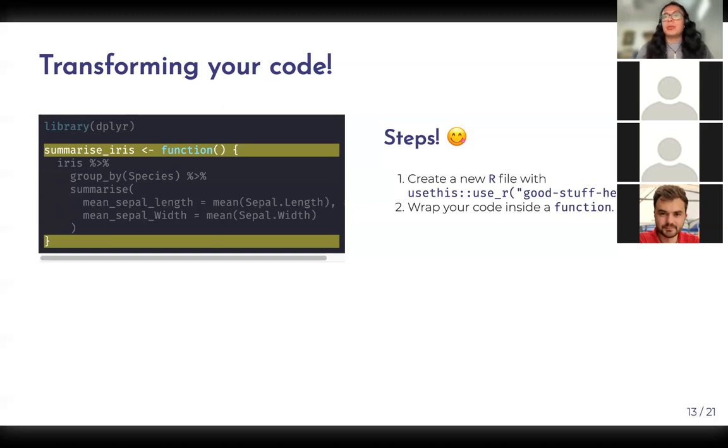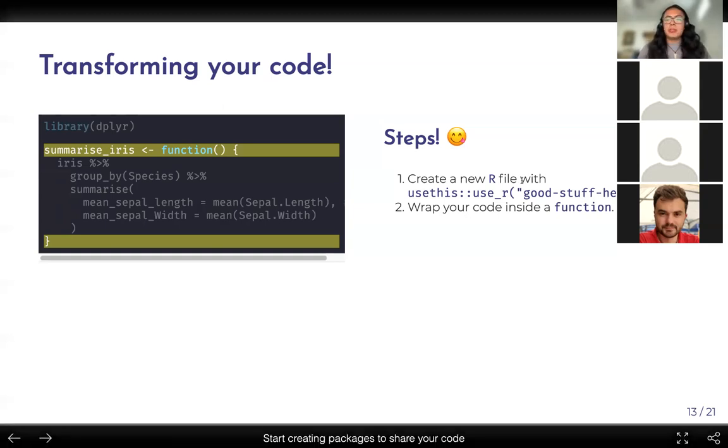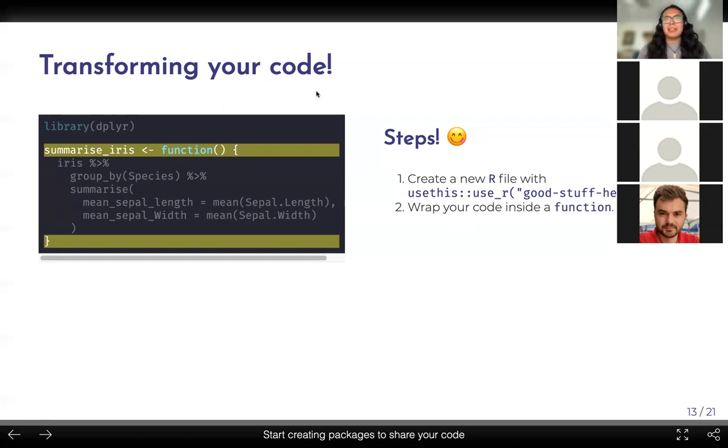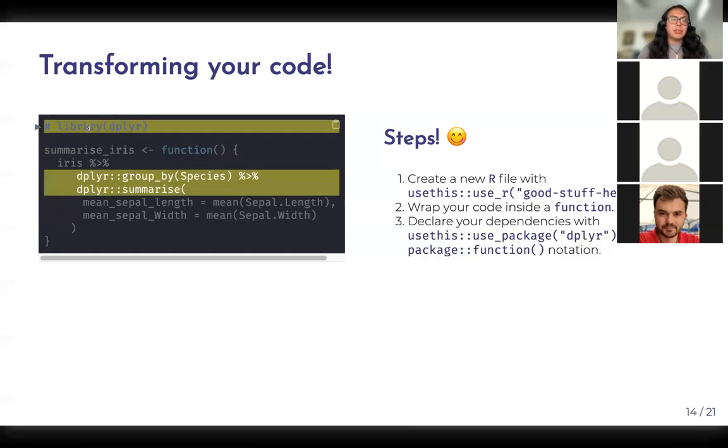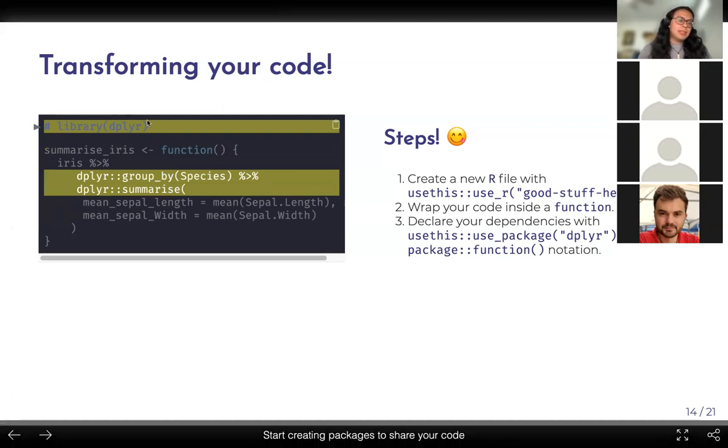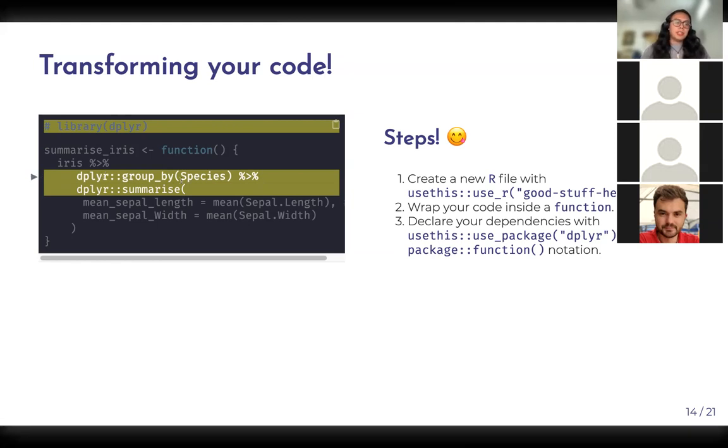The next step is to declare the dependencies. But you already know how to do that, since all the time that you are working with R packages, you are always using library(dplyr), library(tidyverse), purrr, and things like that. So you already know how to declare your dependencies. What you need to do is comment out or delete this line, and then instead you need to use the package double colon function notation to call your functions.